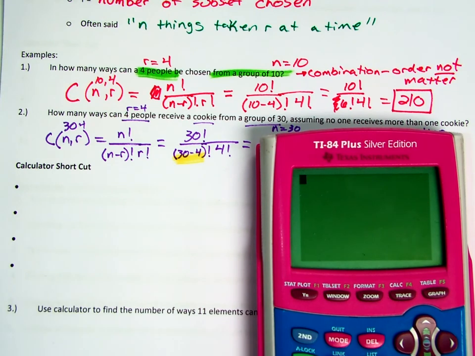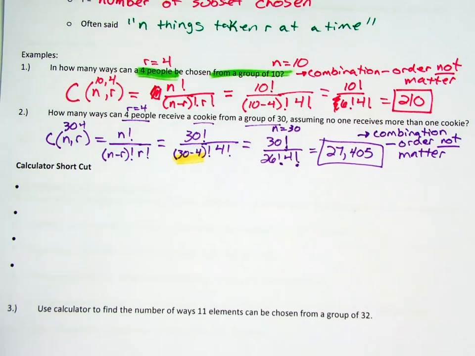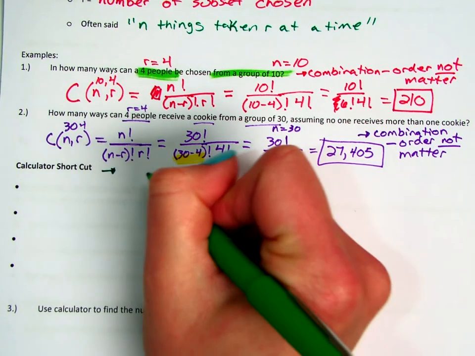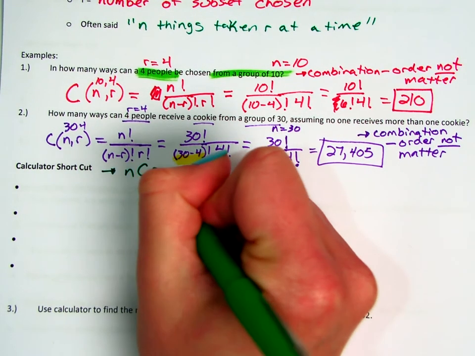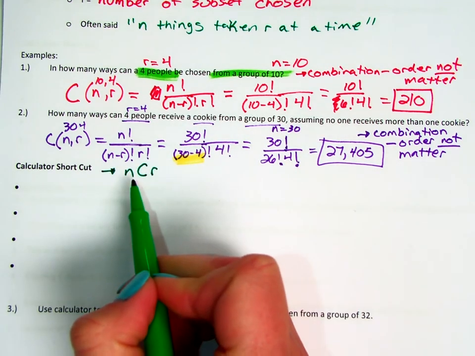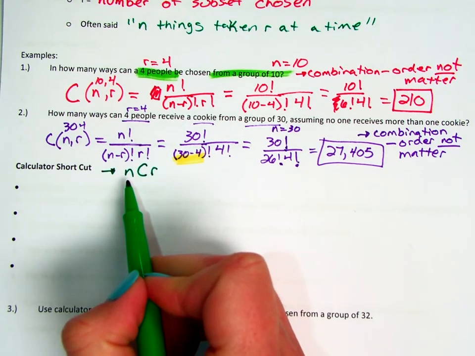You are basically going to be using a button that looks like this, nCr. So if you notice, the first term is the n, which is the total number of elements.